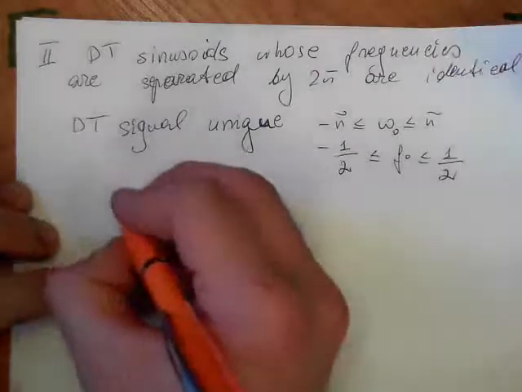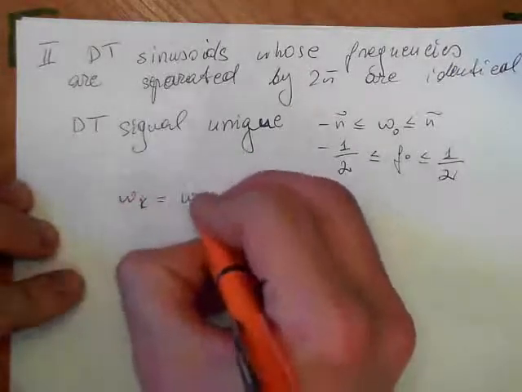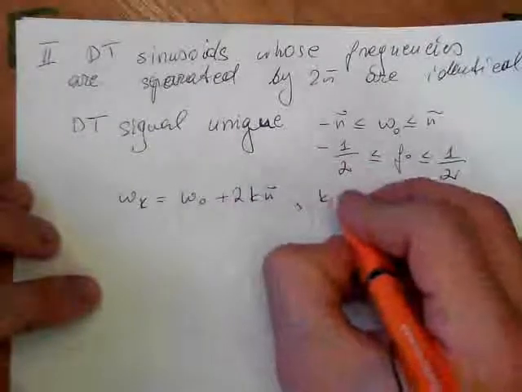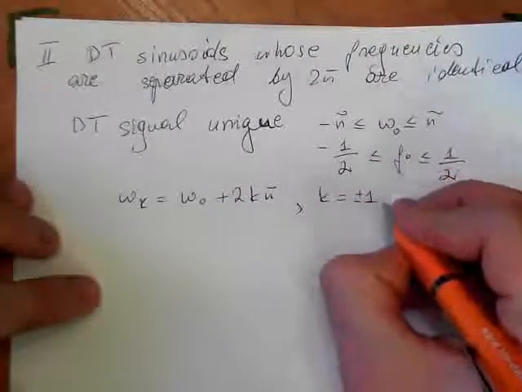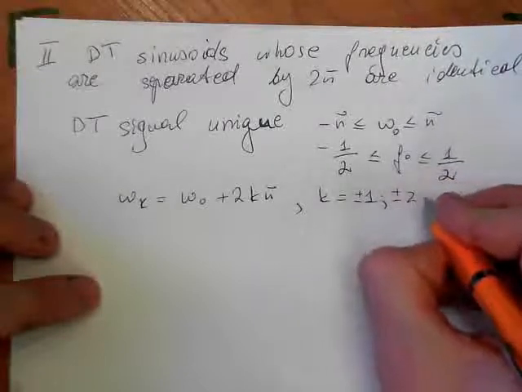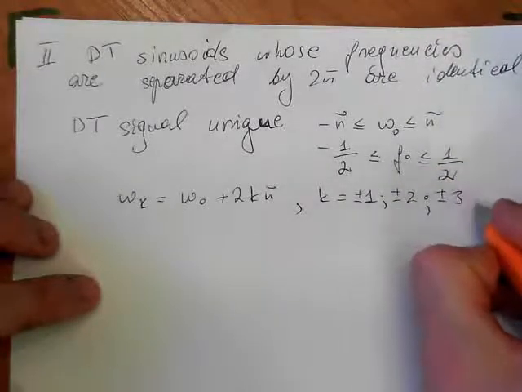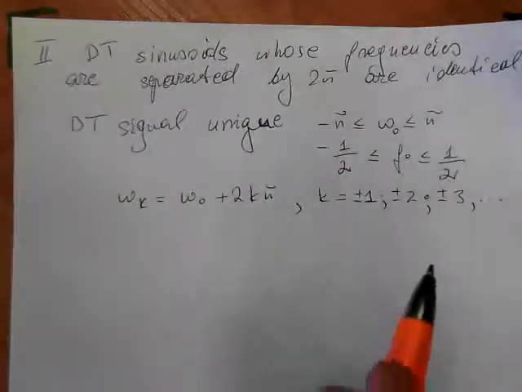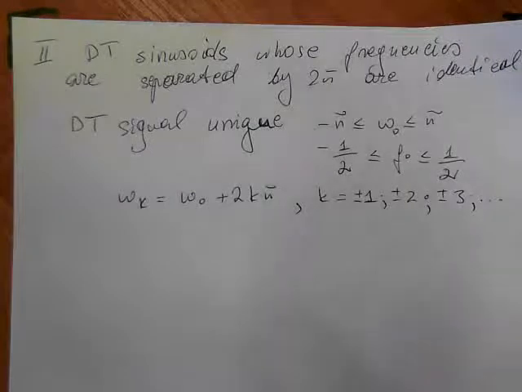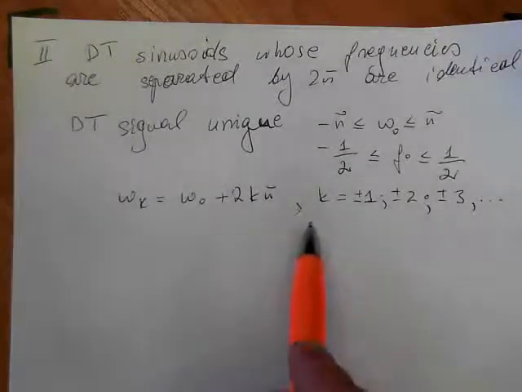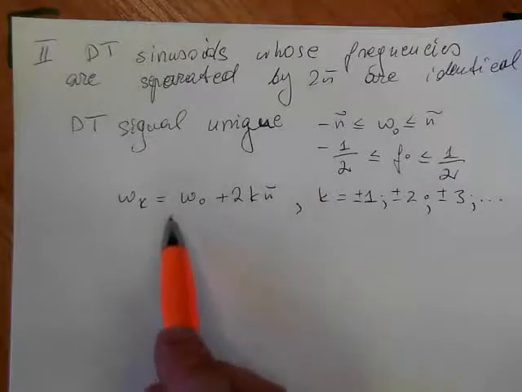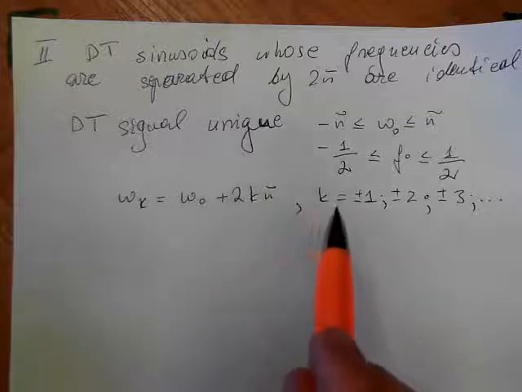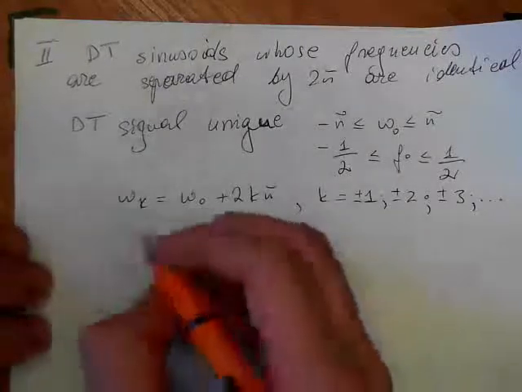So if we have ωk, that is ω0 plus 2kπ, where k is equal to plus minus 1, plus minus 2, plus minus 3, these signals having the frequency ωk will be identical to ω0.